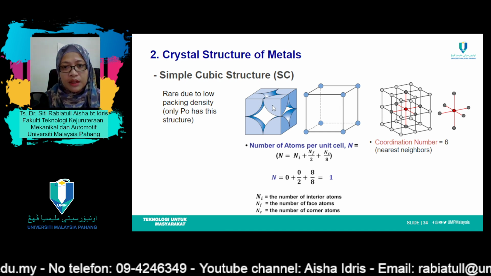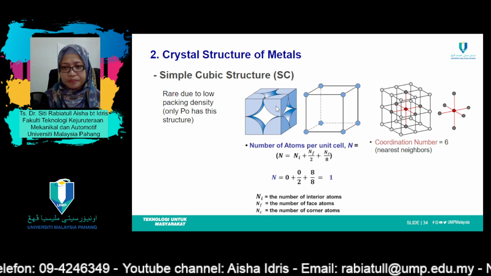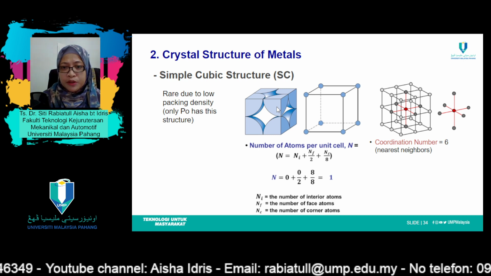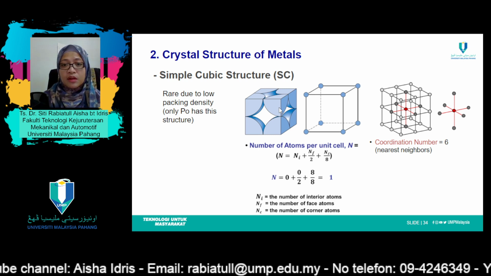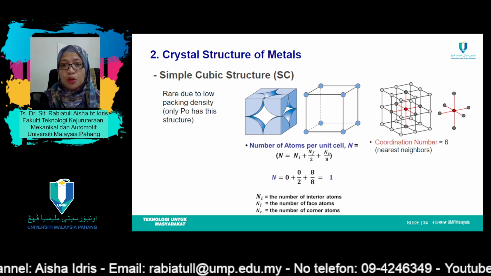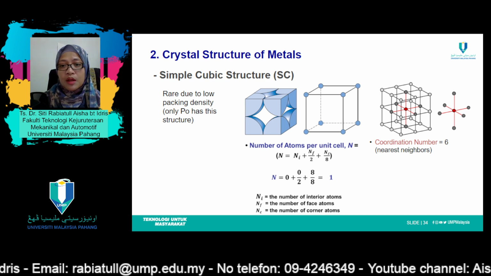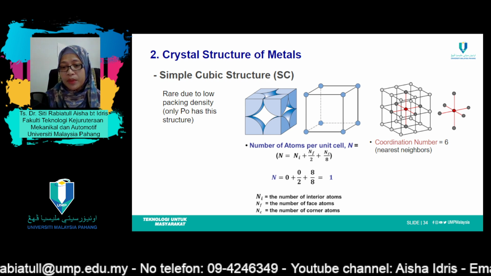Okay, first of all, let's look at the simple cubic structure. Actually, the simple cubic structure is very rare because of its low density. So normally we don't use a simple cubic structure. The most common ones are BCC, FCC, and HCP.